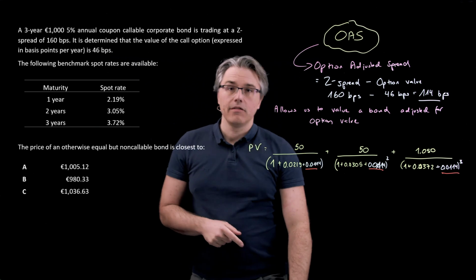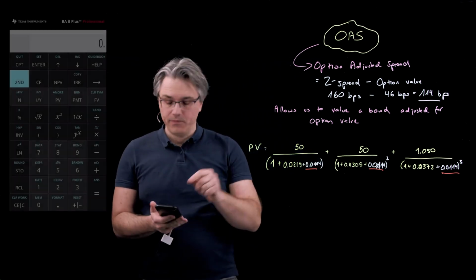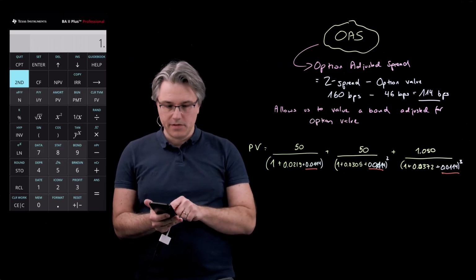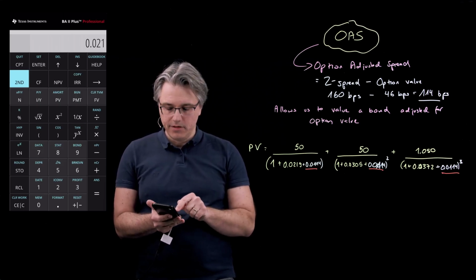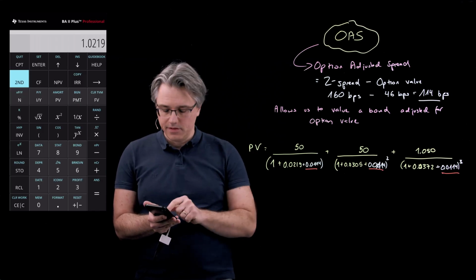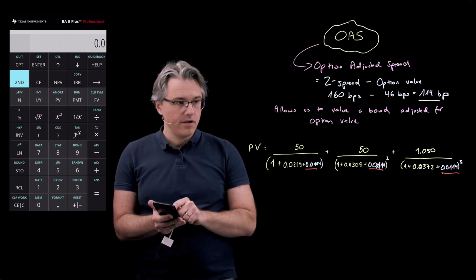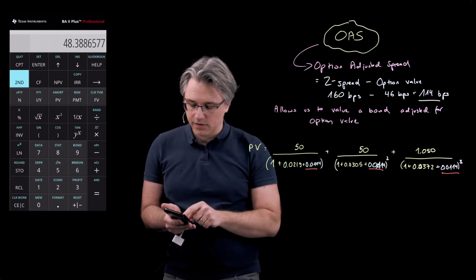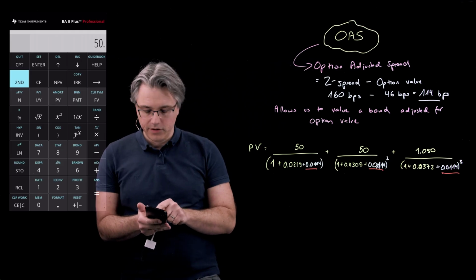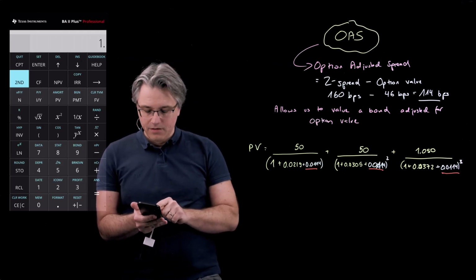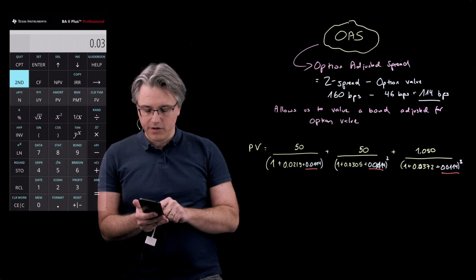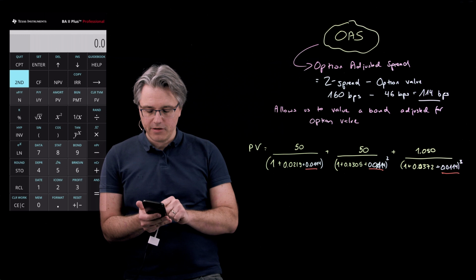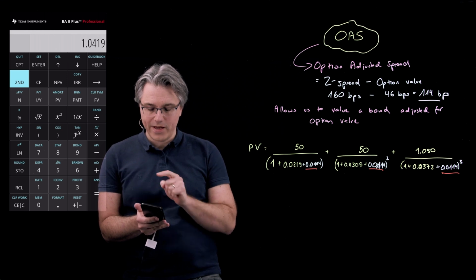Let's get the numbers in from the calculator. So 50 divided by, open bracket, 1 plus 0.0219 and on top of this 0.0114, close bracket, plus the next 50 divided by, open bracket, 1 plus 0.0305 plus, have to be careful here, 0.0114, close bracket, squared.